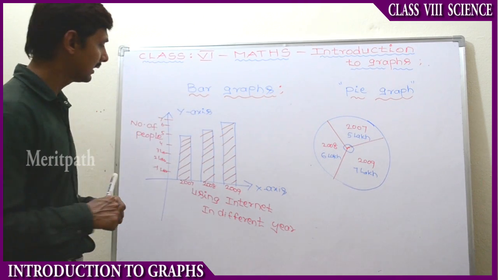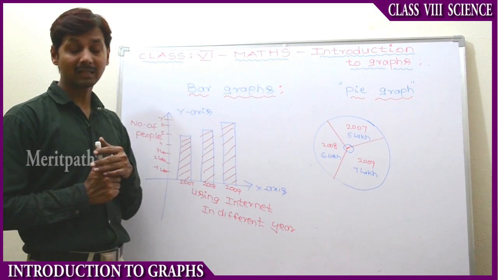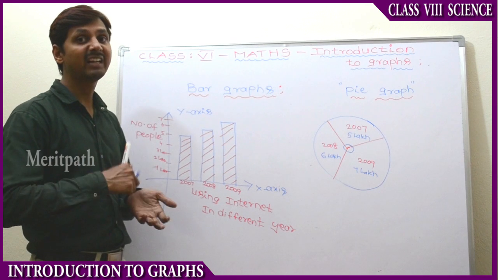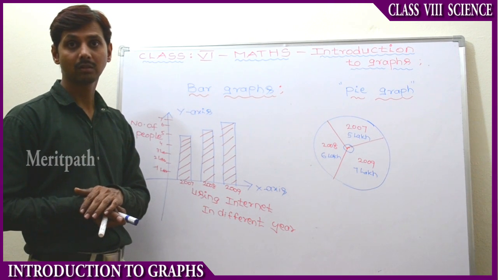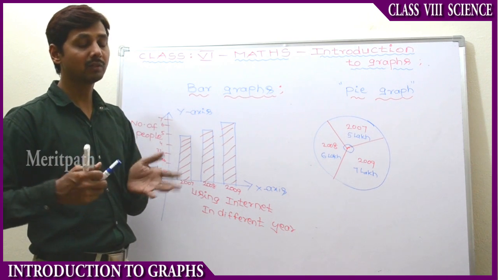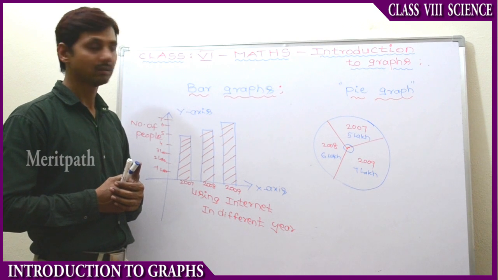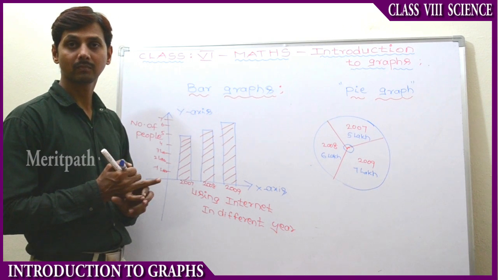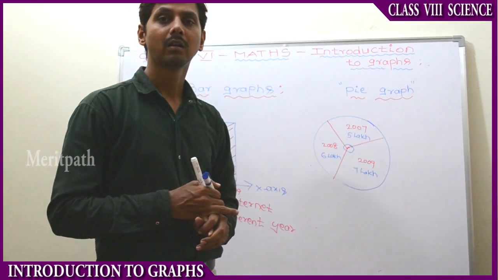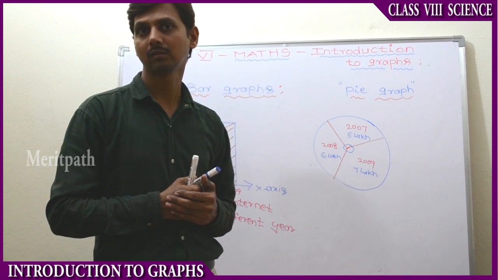Histogram is nothing but between certain intervals we use the bars, like when time varies, changing in time, between some of the intervals we use the bars. That is called a histogram. And a line graph, we use a line between the certain intervals.